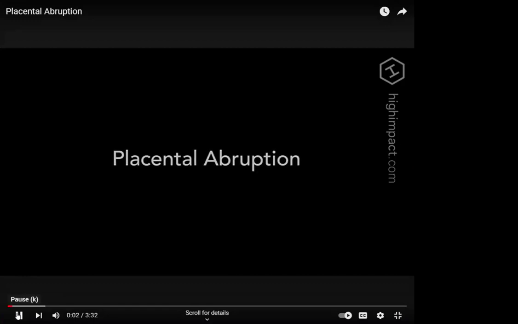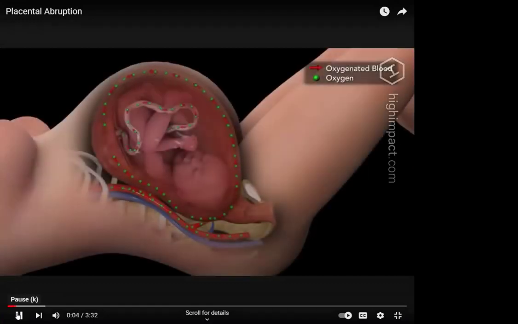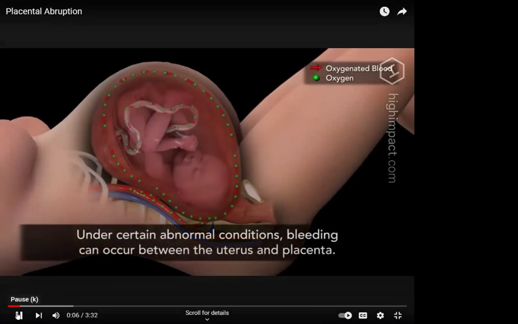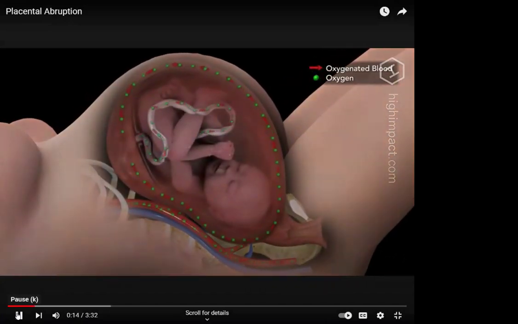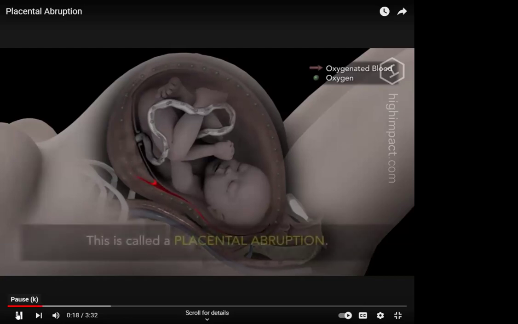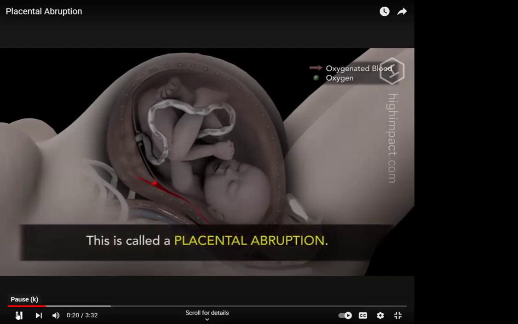Placental abruption. Under certain abnormal conditions, bleeding can occur between the uterus and placenta. This is called a placental abruption.